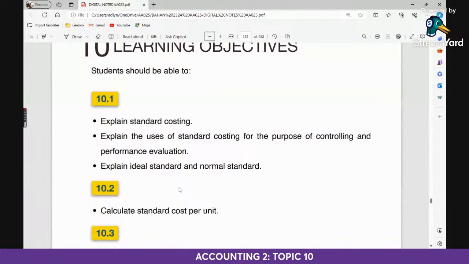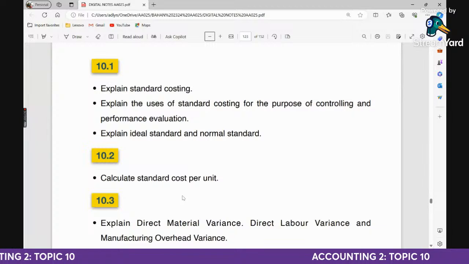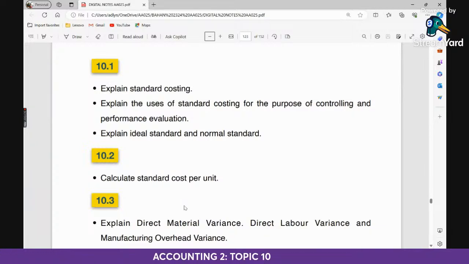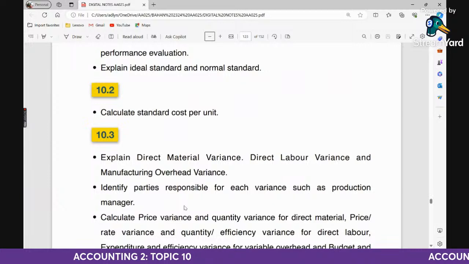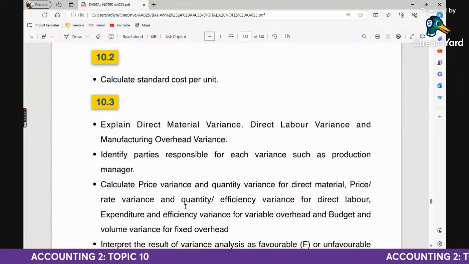And then 10.2, we are going to calculate the standard cost per unit. And then 10.3, we are going to explain the direct material variance, direct labor variance, and also manufacturing overhead variance.